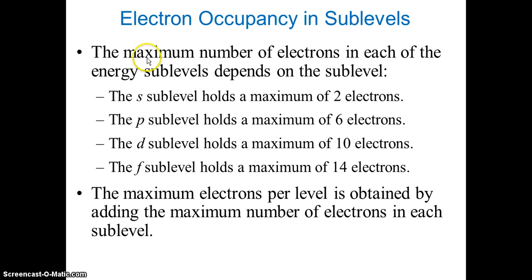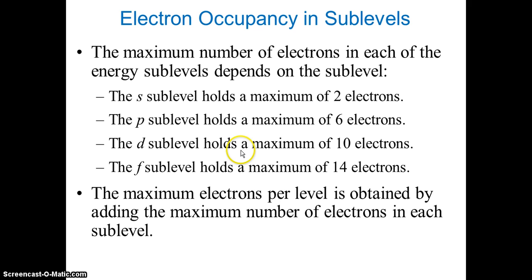The maximum number of electrons in each energy sublevel depends on the sublevel. The s sublevel holds a maximum of 2 electrons. The p sublevel holds a maximum of 6 electrons because p has 3 orbitals and each orbital contains 2 electrons.